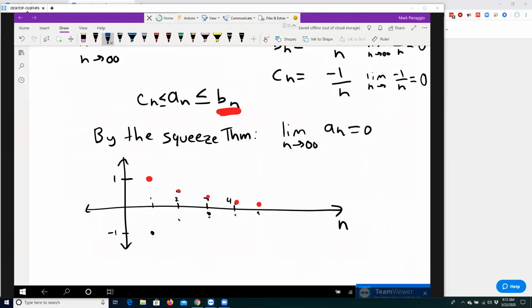And so graphically speaking, you can see that there is a shape that corresponds to 1/n, and a shape that corresponds to -1/n. And if you're trapped in between those two curves, you must go to 0.